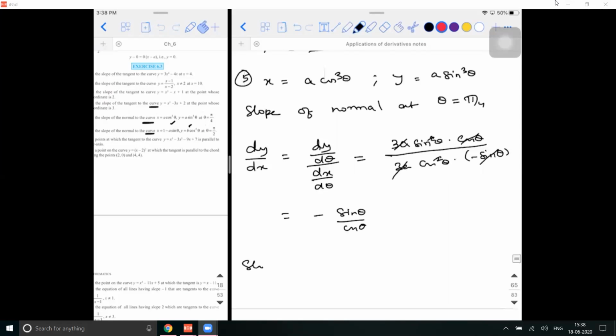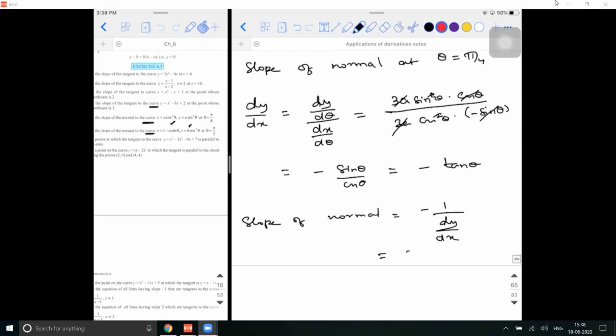So what is slope of normal? Minus 1 by dy by dx. So dy by dx is minus tan theta, so slope of the normal will be cot theta. Right, minus of minus 1 by tan theta is going to be cot theta.